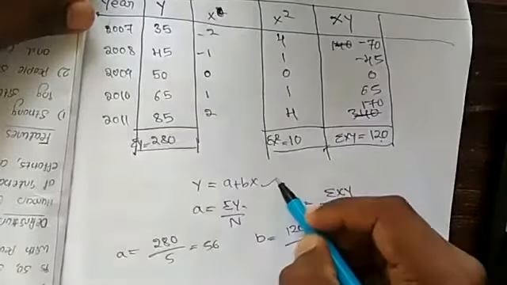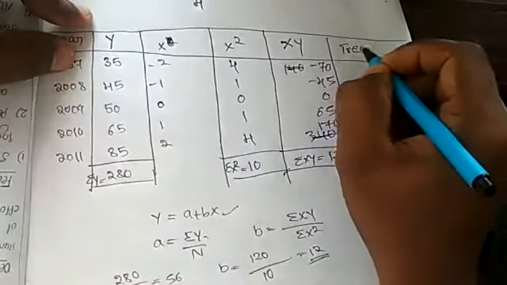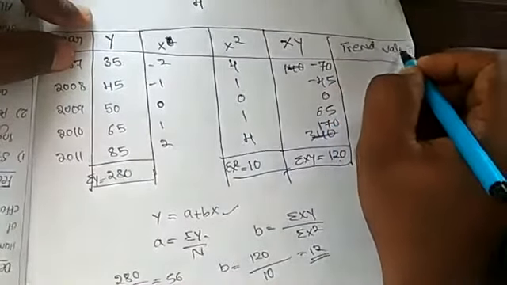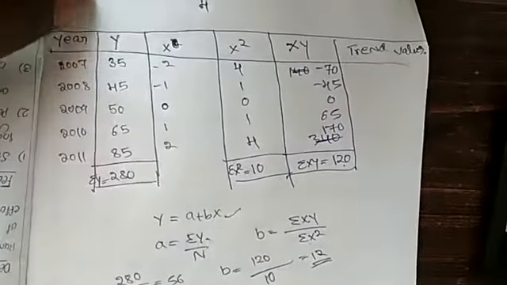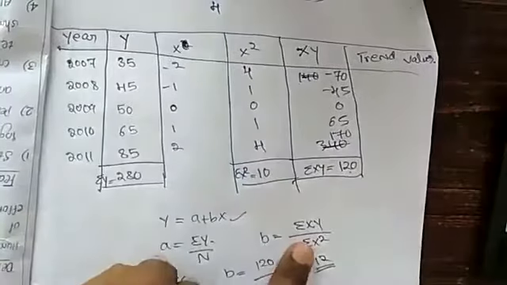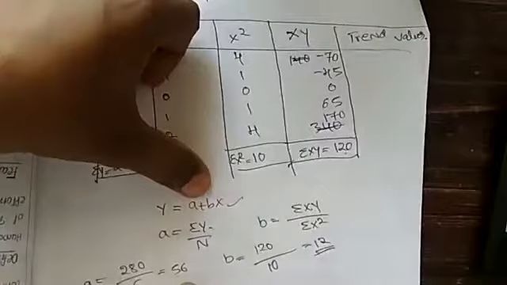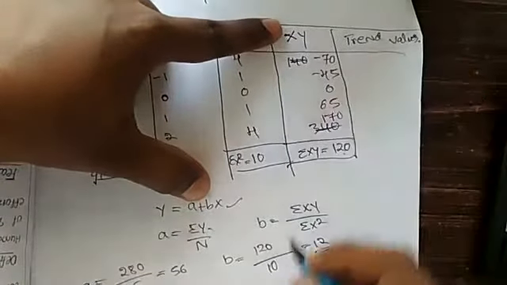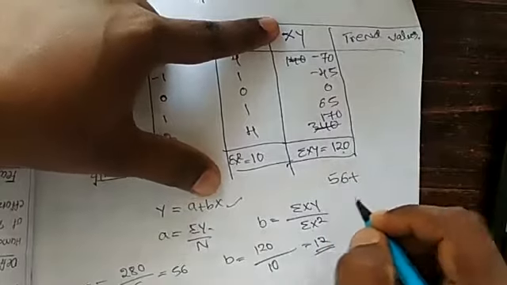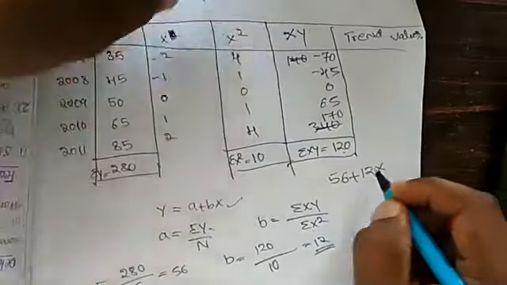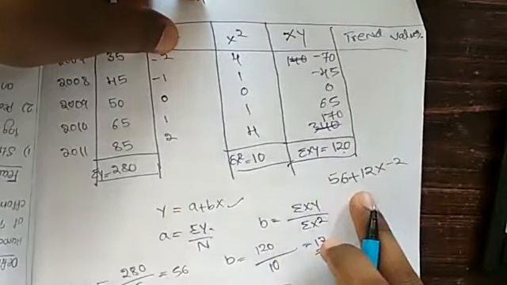And now you use this equation to find out trend values. Let me write here annual trend values. So use this equation for the first year, 2007: 56 plus 12 into minus 2.